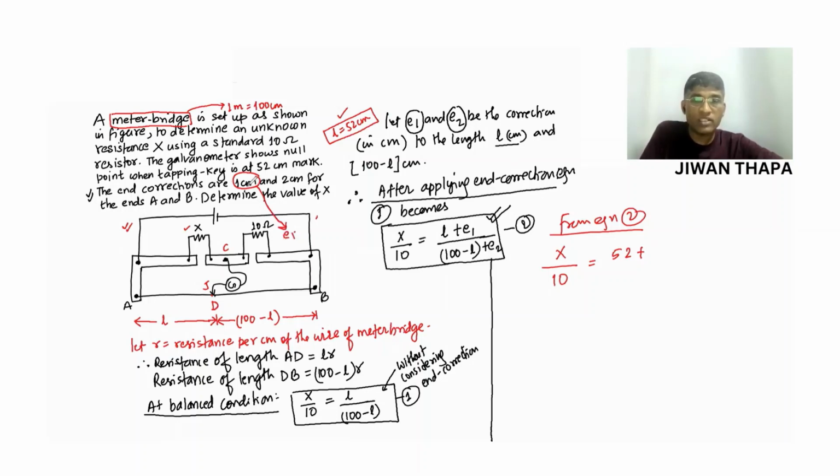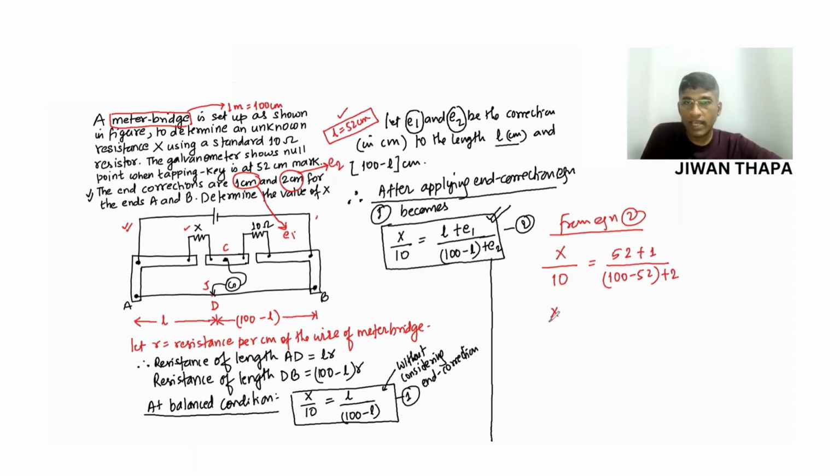Because the end corrections are 1 centimeter and 2 centimeter at the ends A and B. So we need to consider length 1 centimeter at end A, and we have to consider length 2 centimeter at terminal B. So this is end correction E2. So we have E1, which is 1 centimeter, and we have 100 minus 52 plus end correction 2 centimeter.